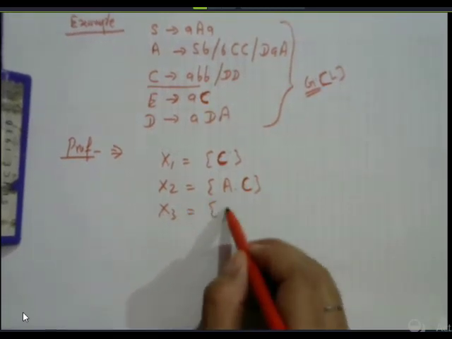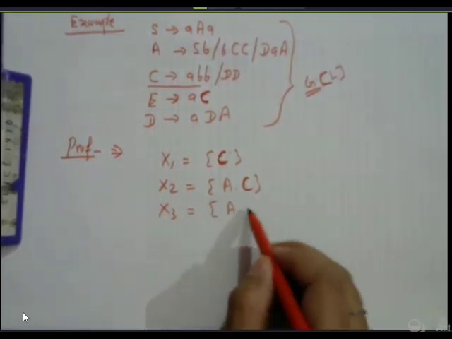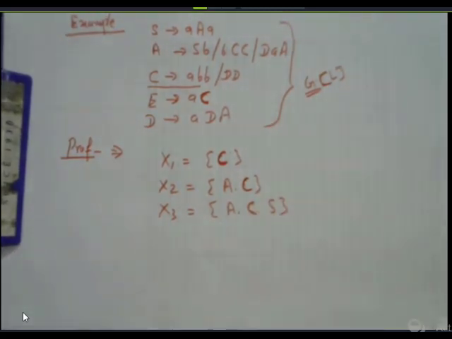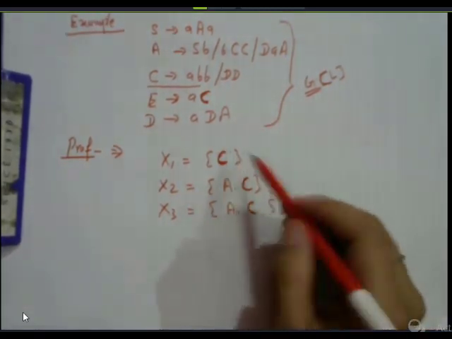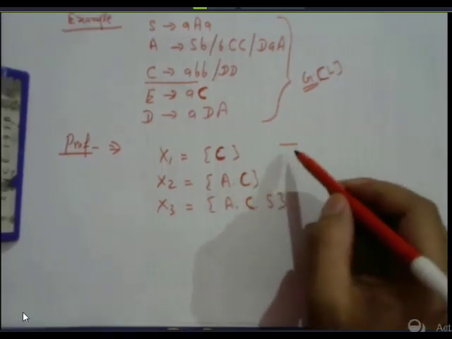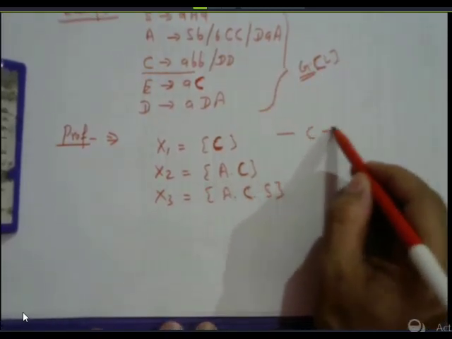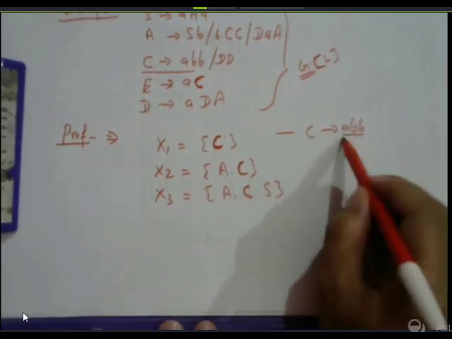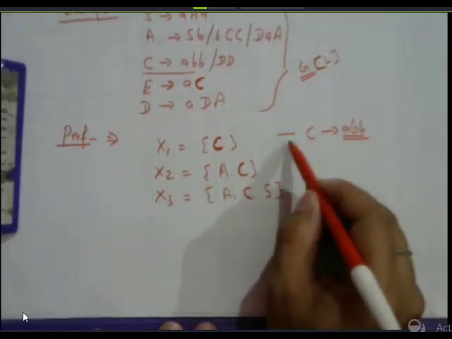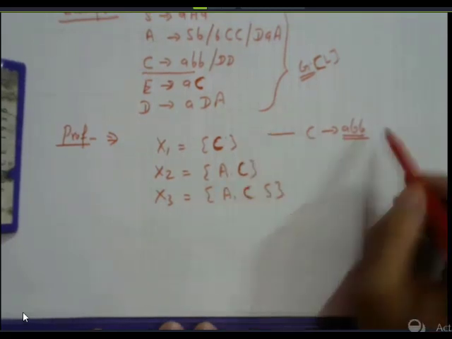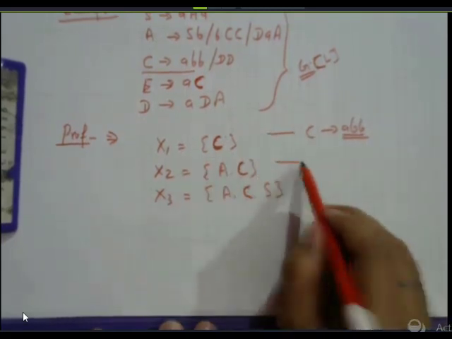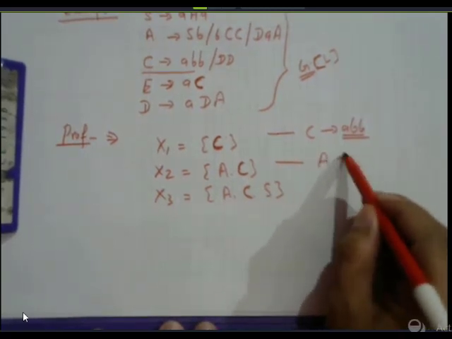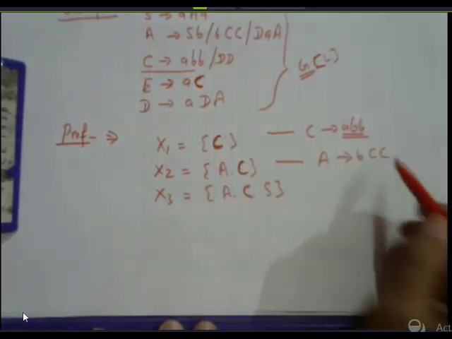There is again A, C, and S. This uses the first rule. You can derive this C tends to ABB. This is the method by which we can give the terminal symbol, and we are using this for the addition of C. Then in this method you can use A tends to BCC.